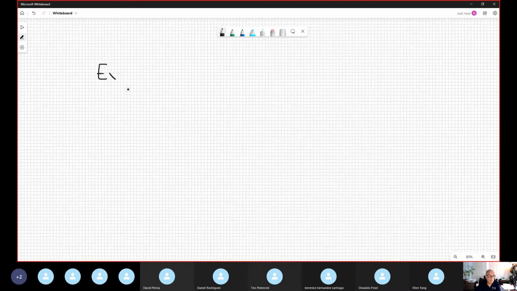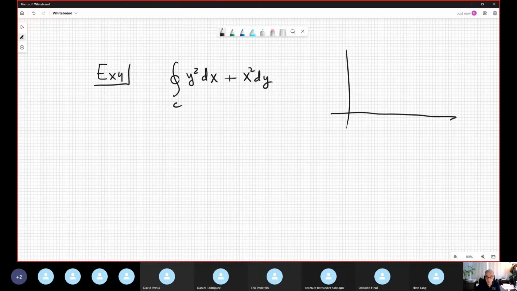Example 4. Compute this: y squared dx plus x squared dy. And who is C? C is the curve. Normally, the curve is represented graphically or mathematically.